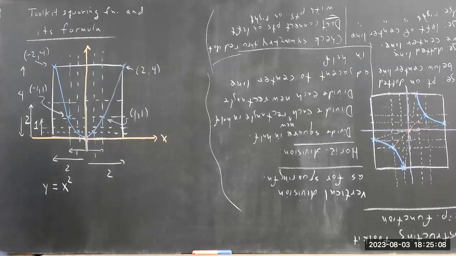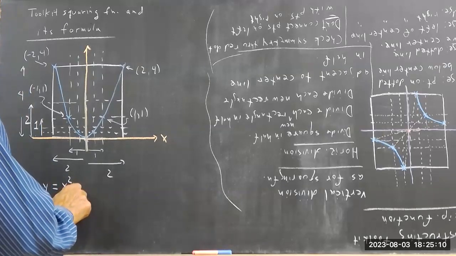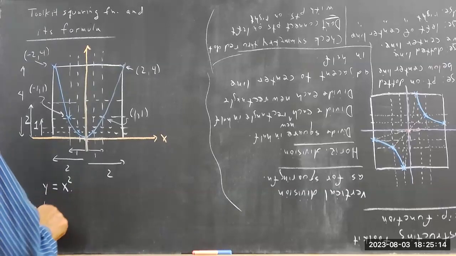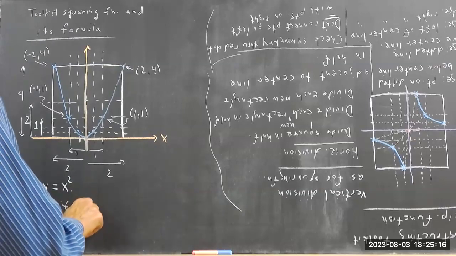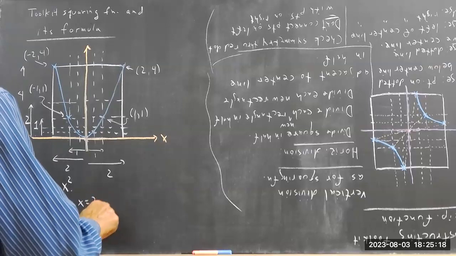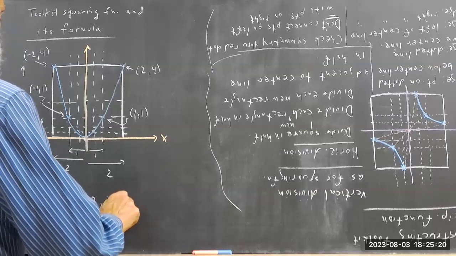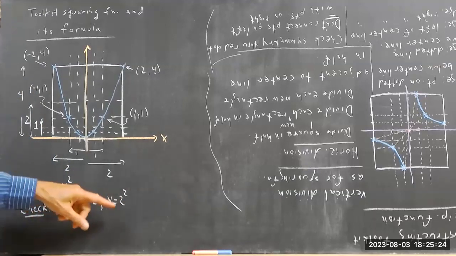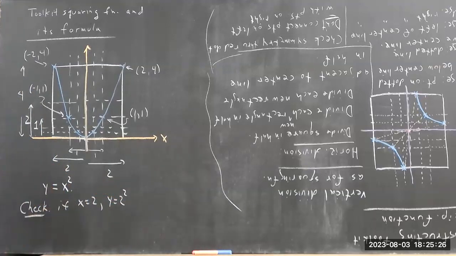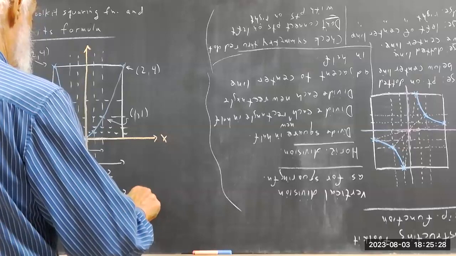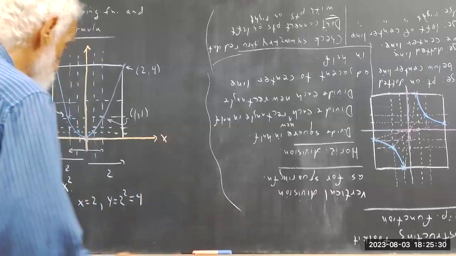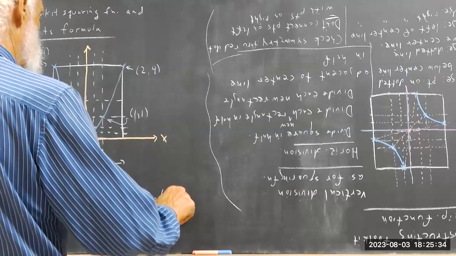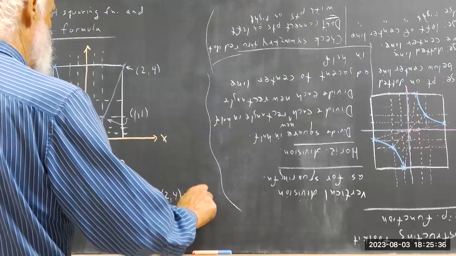Now let's check. x equals 2, y equals 2 squared, because we replace x by 2, right? Which is 4. 2 times 2 is 4. So the point (2, 4) is correct.